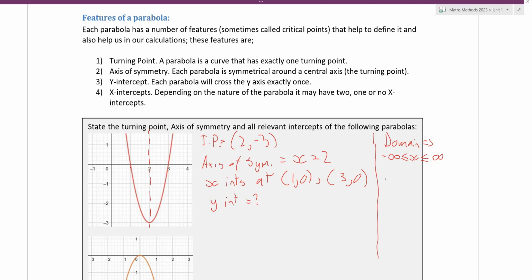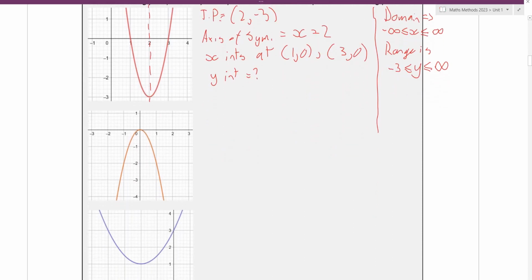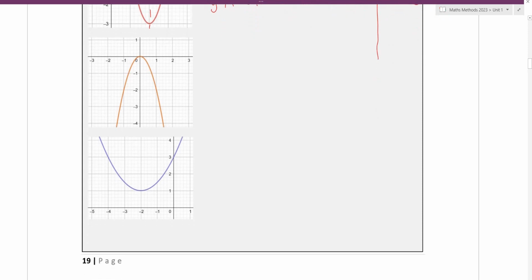No. So we'd say the range is, the lowest y value it can take on is negative 3, so -3 ≤ y ≤ positive infinity. Because would there be any upper limit on how tall it can get? No. Does that make sense, guys? Cool. Let's have a look at these ones now.